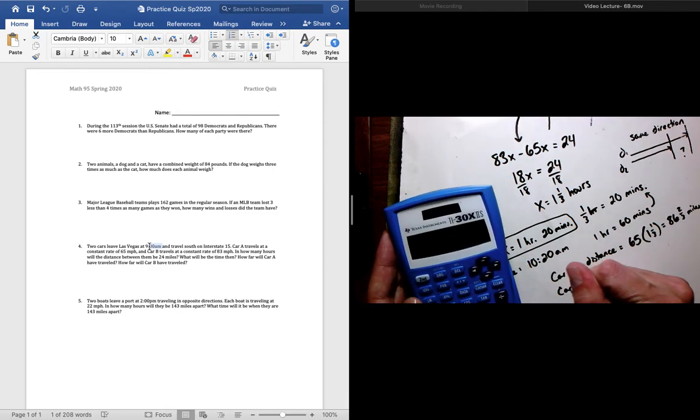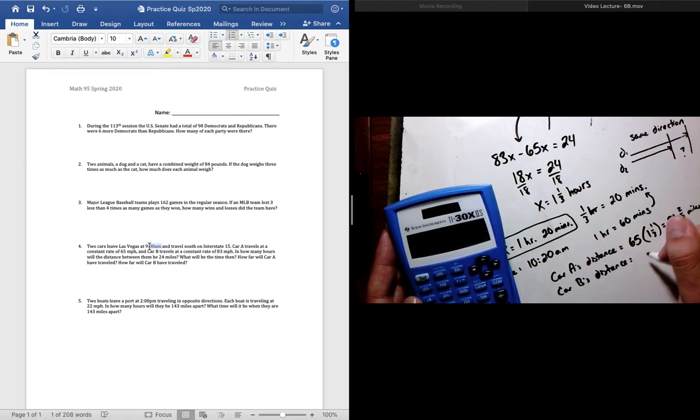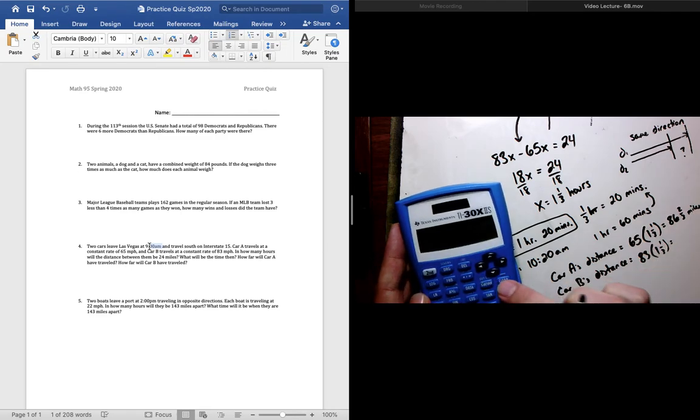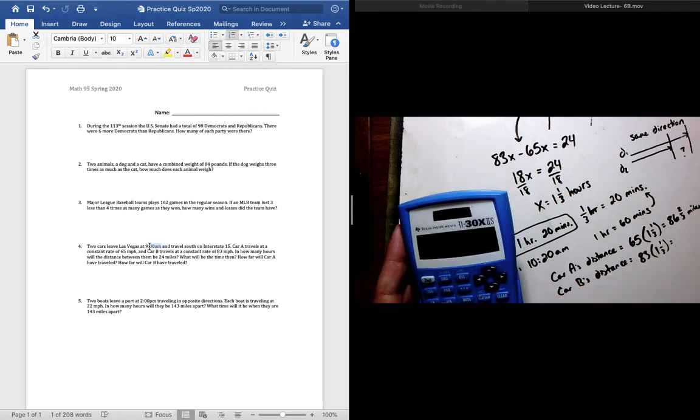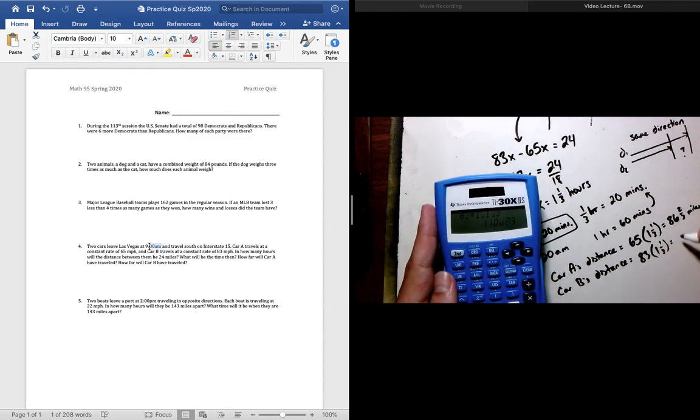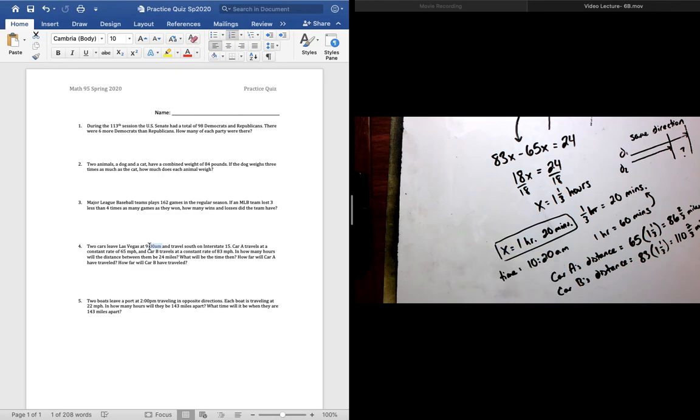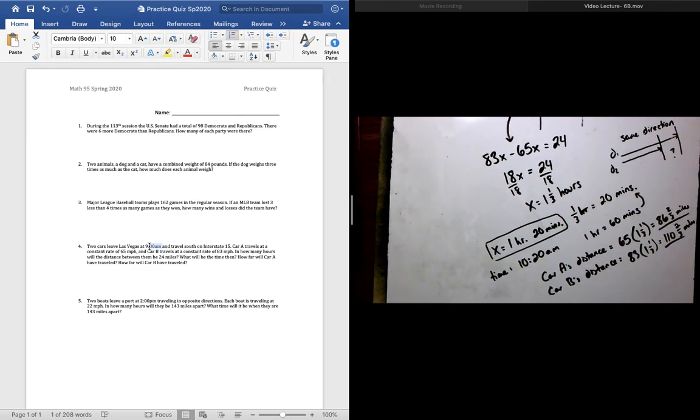And for car B's distance, that's going to be 83 times 1 1/3, which is 110 2/3. And just as a check, we can verify that these two values that we just found are exactly 24 miles apart.